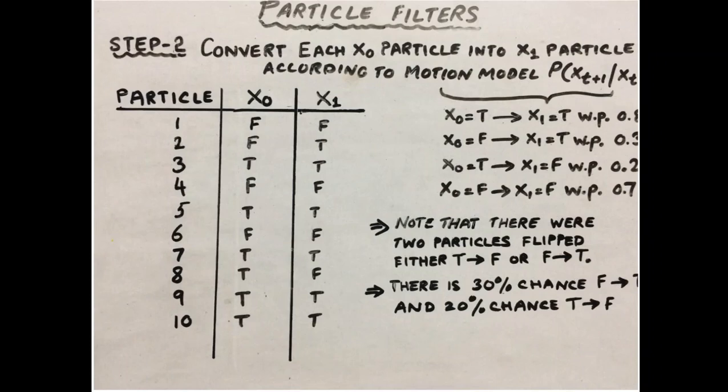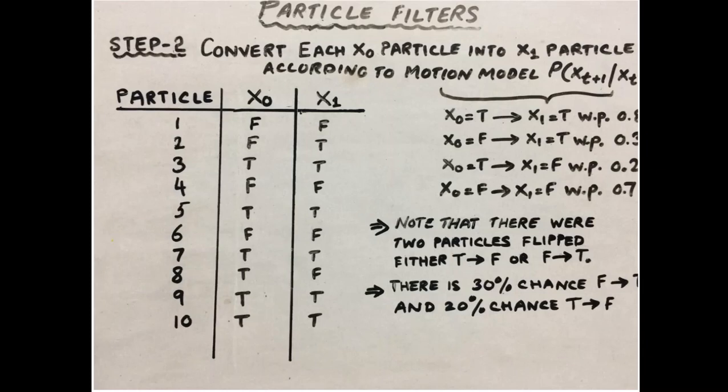Now in step 2 we are going to transform these particles. We are going to make a guess how these particles look as they go from time t0 to time t1, and we are going to do that for all 10 particles. Here we employ the motion model.